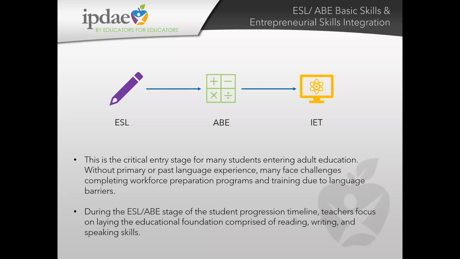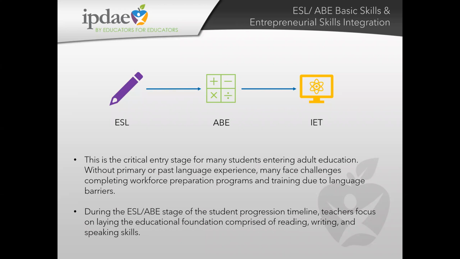So let's cover each stage in detail. In the ESL ABE basic skills and entrepreneurial skills integration stage, this is a critical entry stage for many students entering adult education. Without primary or past language experience, many face challenges completing workforce preparation programs and training due to language barriers.